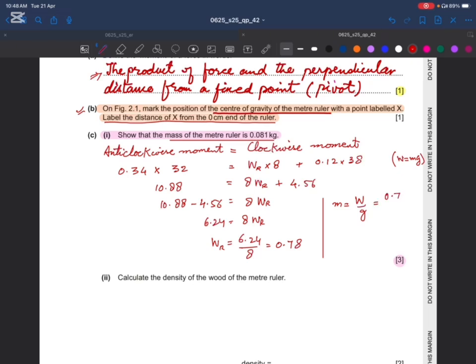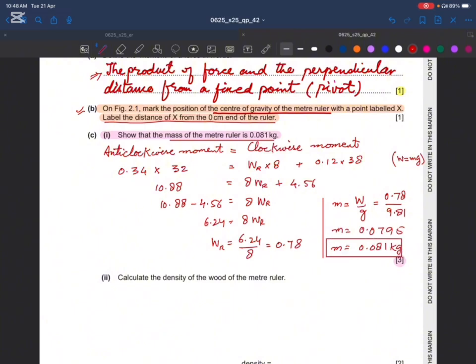So 0.78 divided by 9.81 will give you the answer, 0.0795. So this will be approximately equal to 0.081. So this is your answer.